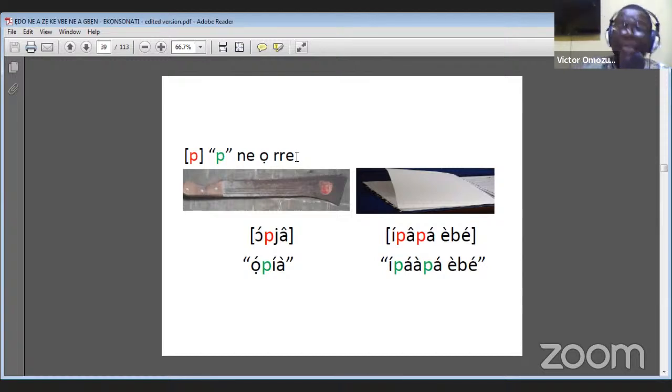In this case, Ipapebe. I said Ipapebe because the A before the A of the second word is going to drop. But in the full form, you say Ipapa Ebe.